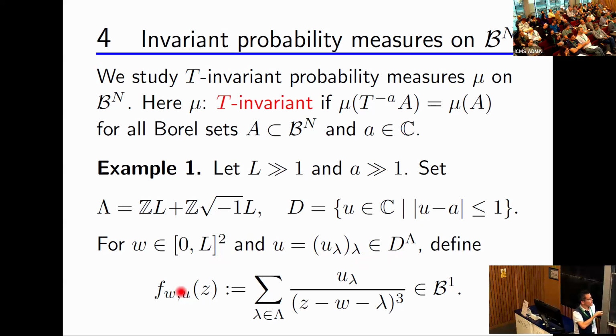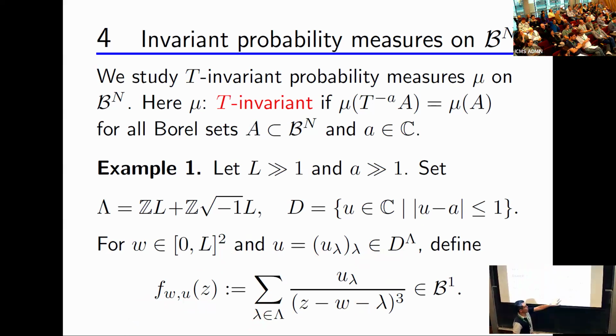We define a meromorphic function f_{w,u} by this formula. For lambda a lattice point, we consider this simple rational function. Its pole is w plus lambda, with some coefficients, and we take the sum.